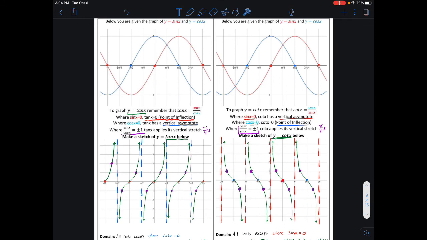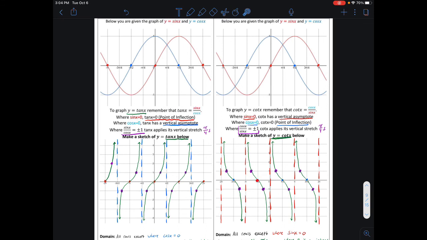So all of the odd numbered pi over 2's, I put dots here because cotangent is going to pass through that point. Now we go get some other coordinates. We look at where cosine divided by sine is equal to positive or negative 1. It happens at all of the pi over 4's on our unit circle, and so I put those same points there on my graph. And then we connect those dots.